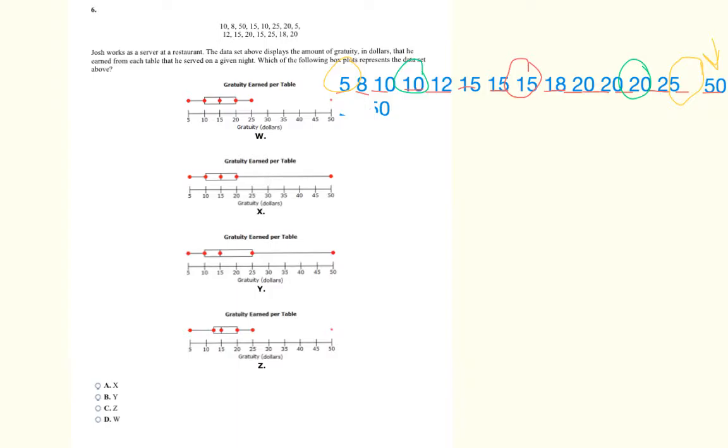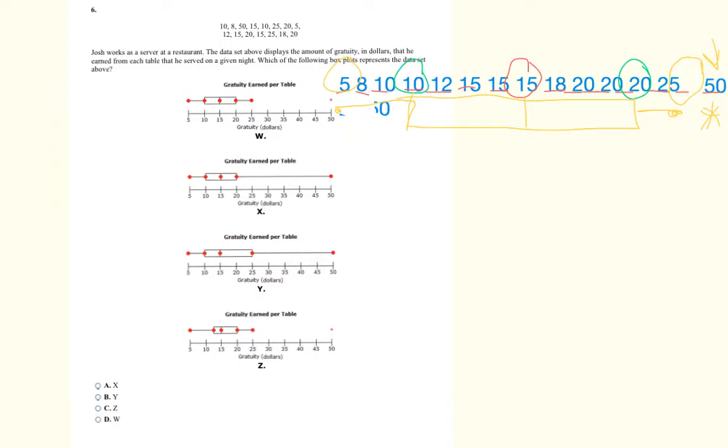So here, I'm looking for a whisker that starts at 5 and goes to the 10, and a box that goes from 10 to 20 with a line at 15, and then the upper whisker ends at 25 and then has an asterisk to show the outlier at 50.